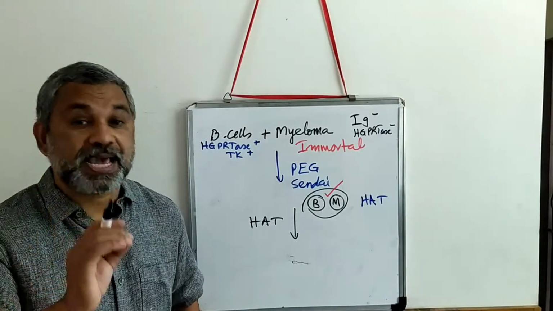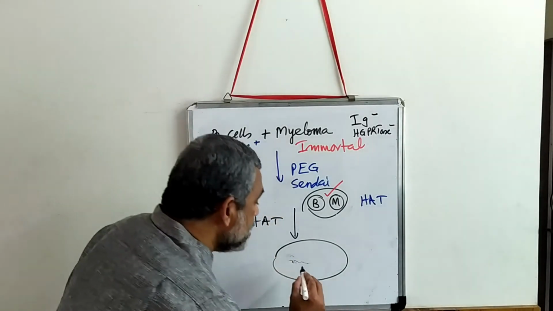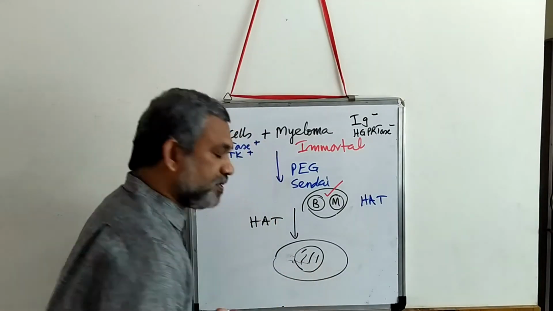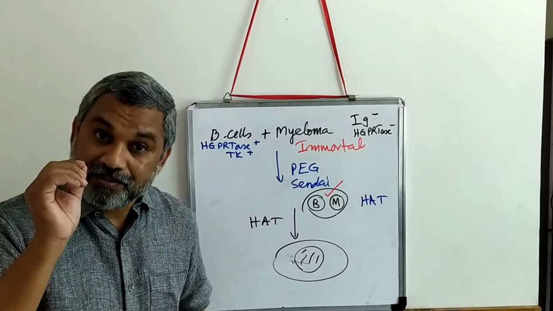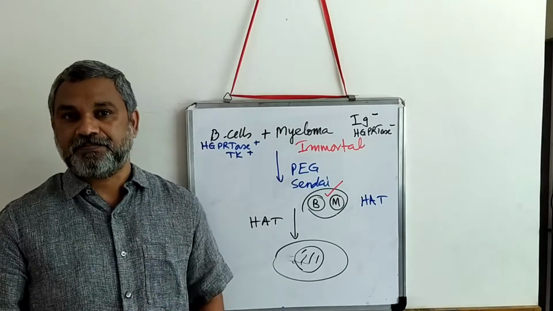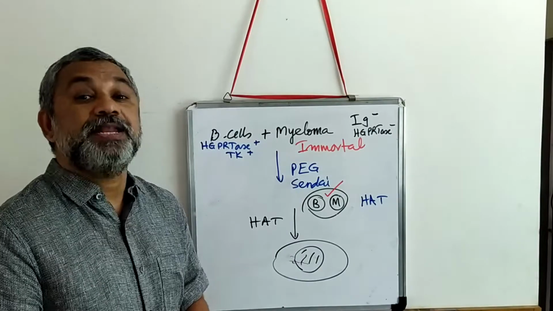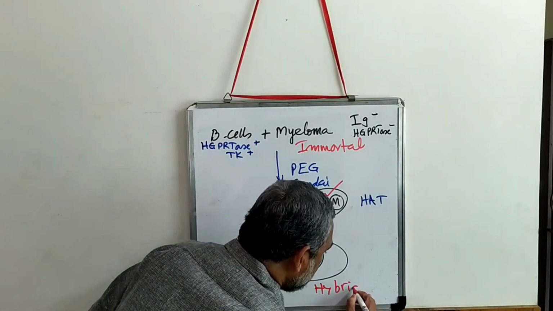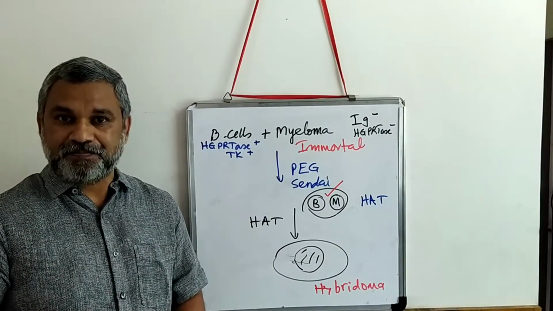Some will stabilize after a number of cell divisions into one nucleus. This one nucleus will have a mixture of chromosomes from B cells as well as from the myeloma cells. That is a stable hybrid cell, and this is known as hybridoma. So we have produced hybridoma cells.